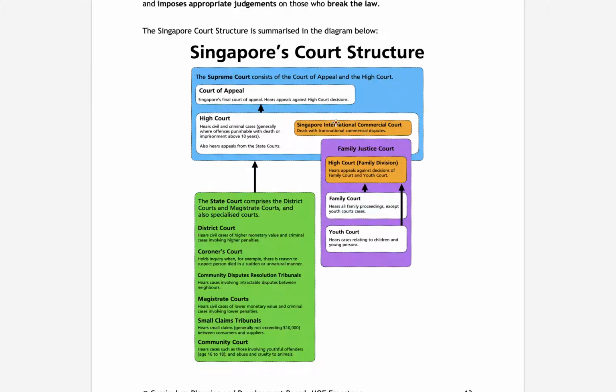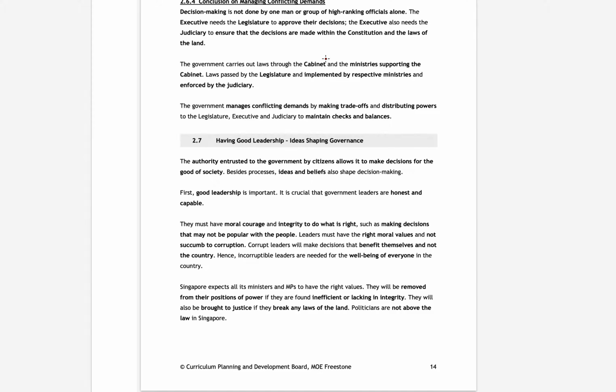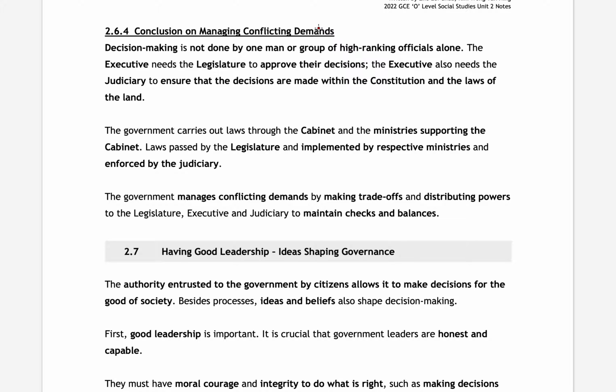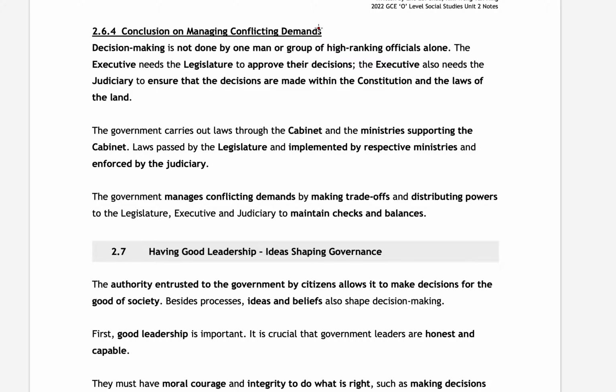Moving on. Managing conflicting demands. Having a good separation of power and a clear distinction of what each organ of government needs to do allows us to better manage conflicting demands. Decision making is not done by one person or one group alone.